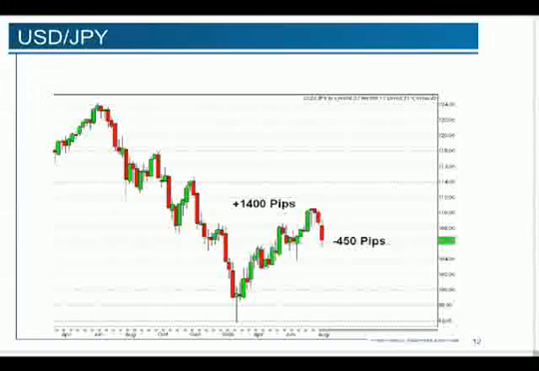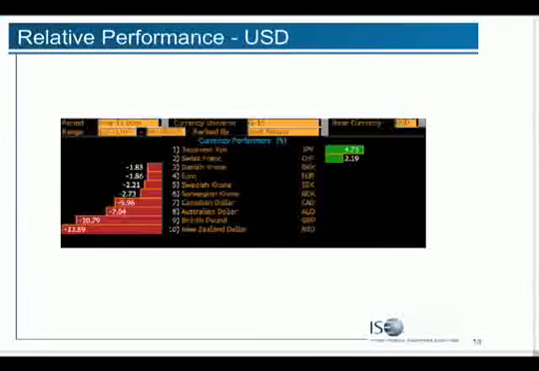Now take one step back and look: what is causing the move in the euro-dollar and pound-dollar? That is just the U.S. dollar. So the one thing moving in the currency markets these days is just the U.S. dollar. This table that I put together shows you the relative performance of the U.S. dollar year to date.